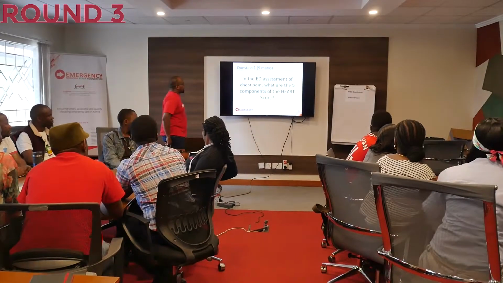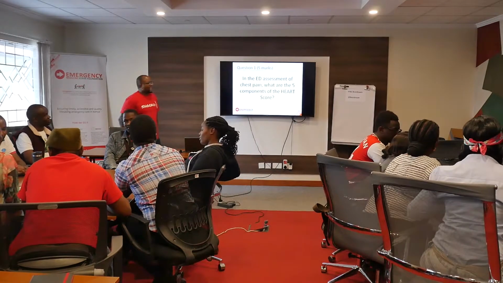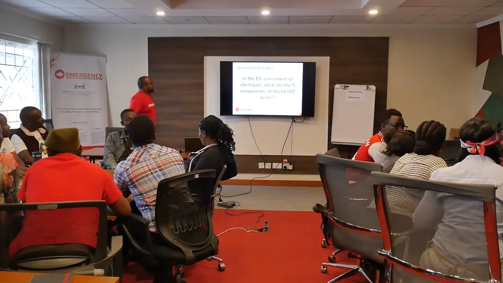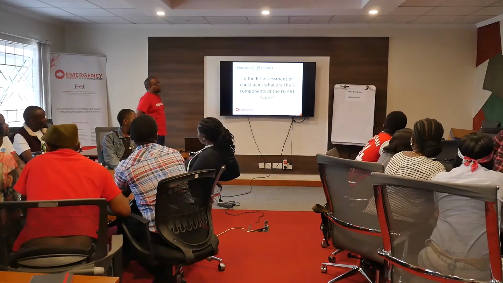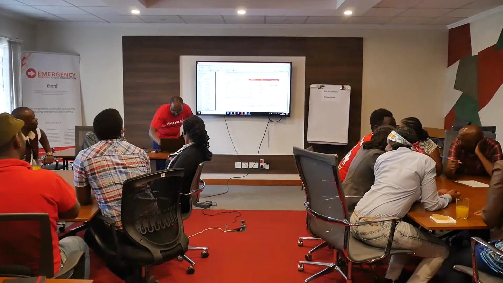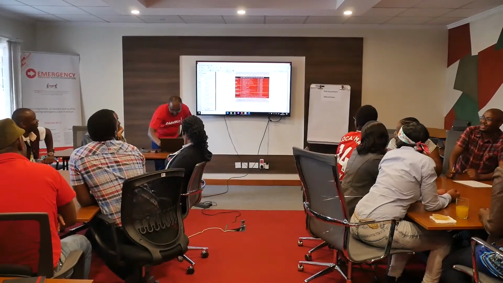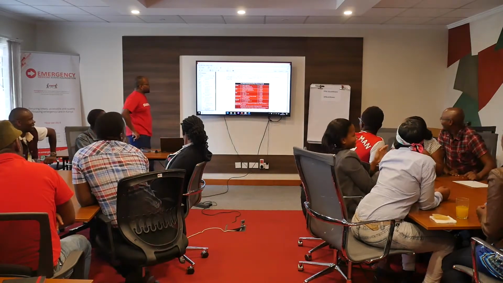What are the 5 components of a heart score? In the emergency department assessment of chest pain, what are the 5 components of the heart score? It's used to assess patients with non-ST elevation.